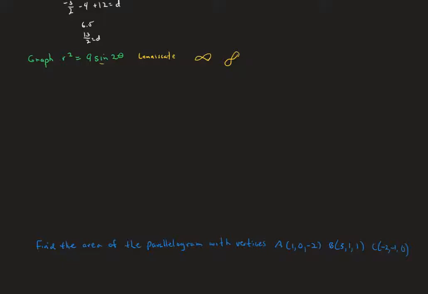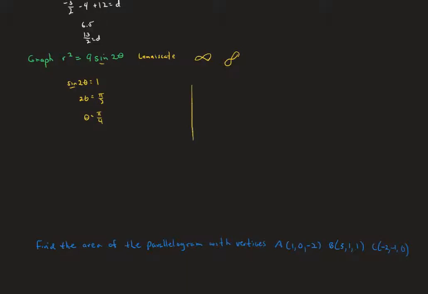And because it's a sine, then we know that the sine of 2 theta will be equal to 1 when 2 theta, that's the largest that sine can be, and that's going to be when 2 theta is pi over 2 or when theta is pi over 4.